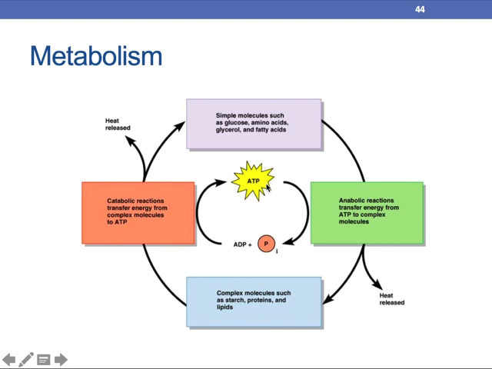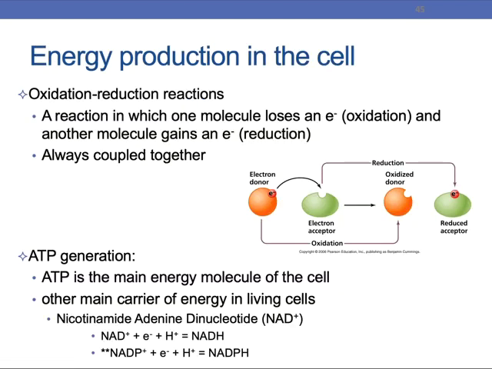The reactions that occur in metabolic processes are described as redox reactions, or oxidation-reduction reactions. By oxidation-reduction reaction, what we mean is that these are reactions that take place together. So we describe them as coupled reactions, and you need both of them together for it to work.